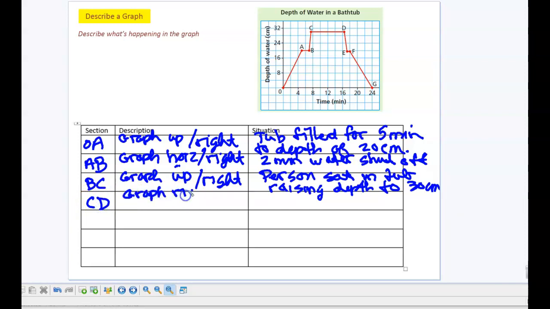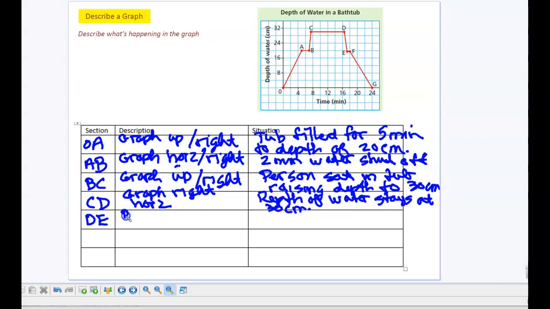And then CD, the graph is right and horizontal. So the depth of water stays at 30 centimeters. Then segment DE, in a very short time frame, the depth changes from 30 back down to 20.